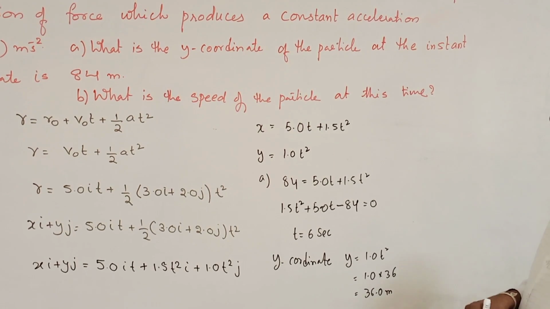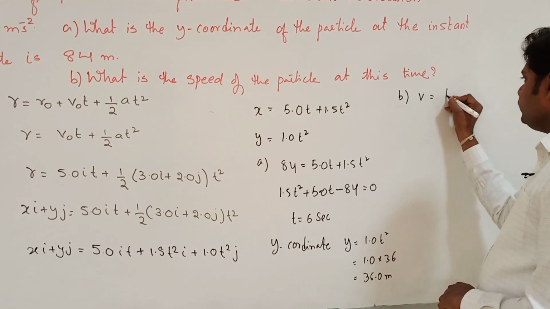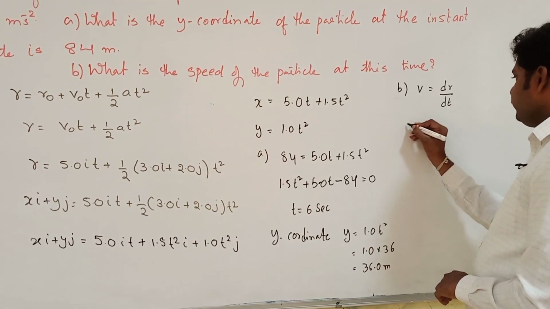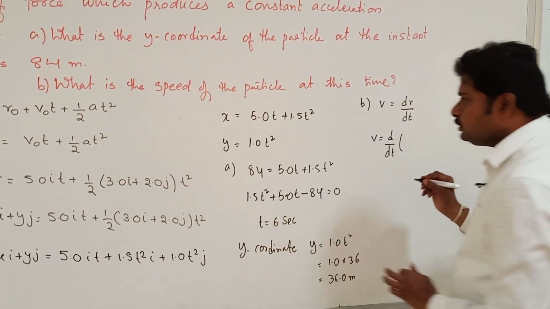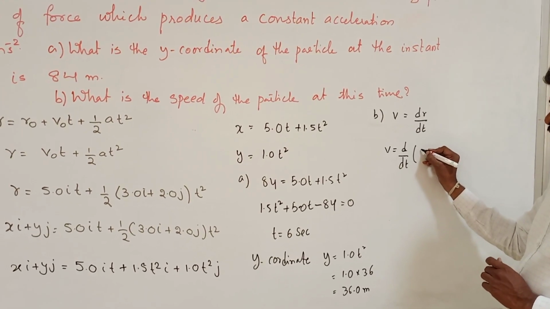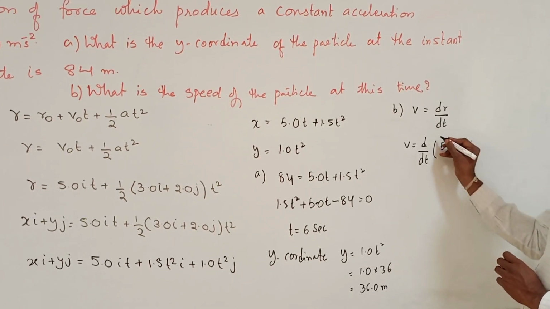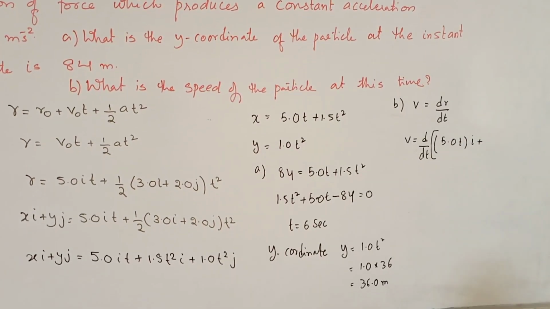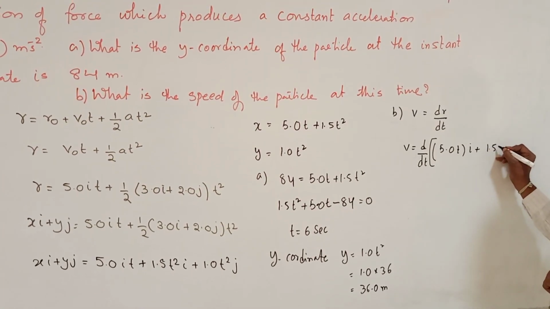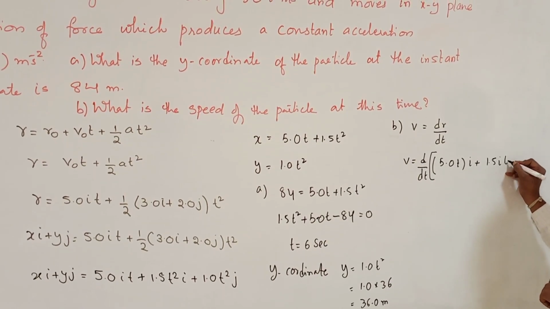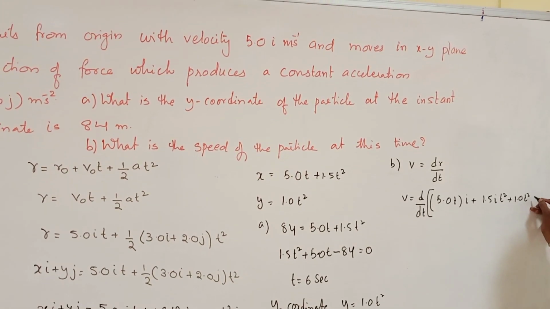Now, what is the speed of the particle at this time? Speed of the particle: v is equal to dr by dt. V is equal to d by dt of r, which is equal to 5.0 t i plus 1.5 t square i plus 1.0 t square j.